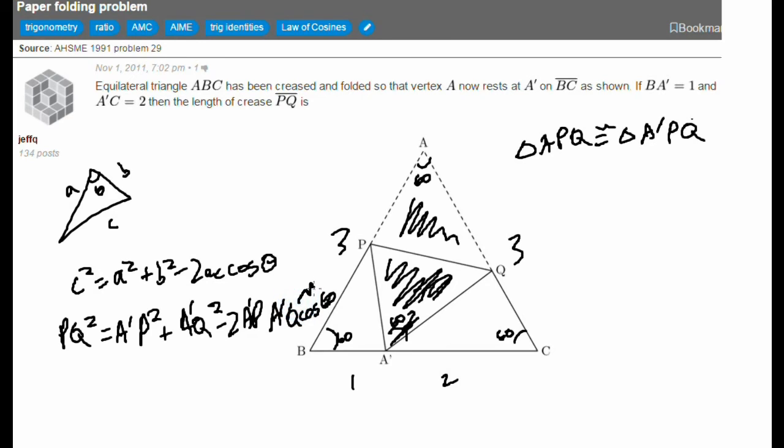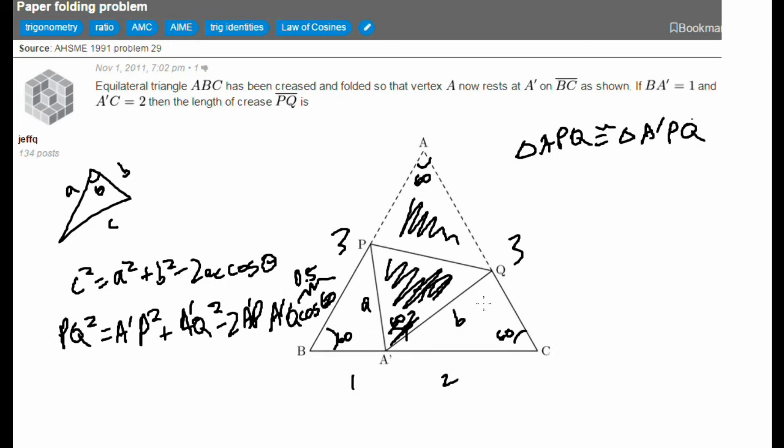And of course cosine 60 is just 1/2, so it's 0.5. If we find A'P and A'Q, we can then find PQ. And I don't want to keep writing A'P and A'Q, so we'll set these to a and b.